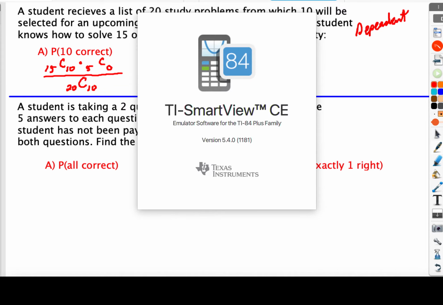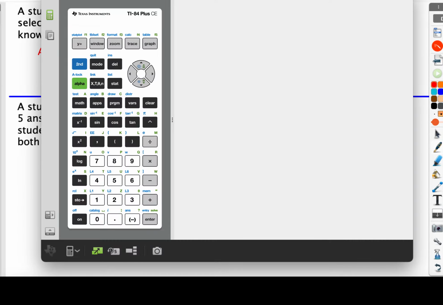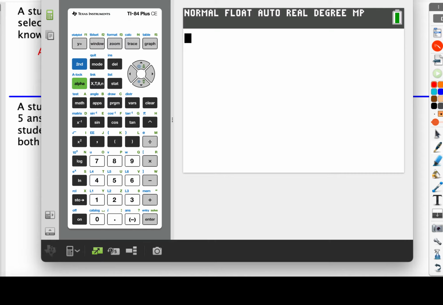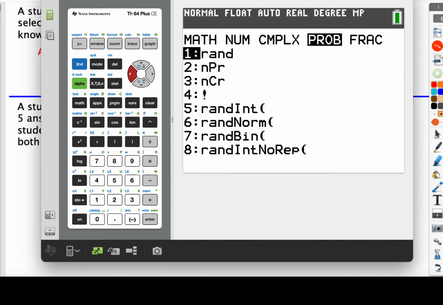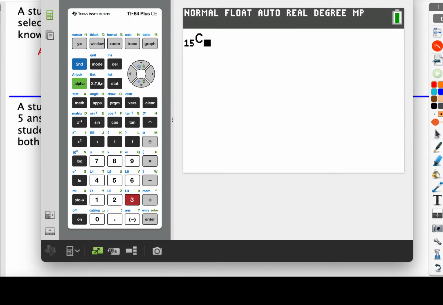If you're working with a TI-84 Plus or that 84 family of calculators, what you're going to do is, out of the 15, go to our math menu, over to probability. Combinations is the third option. And we're going to choose all 10 questions from there. I get that number, 3003.